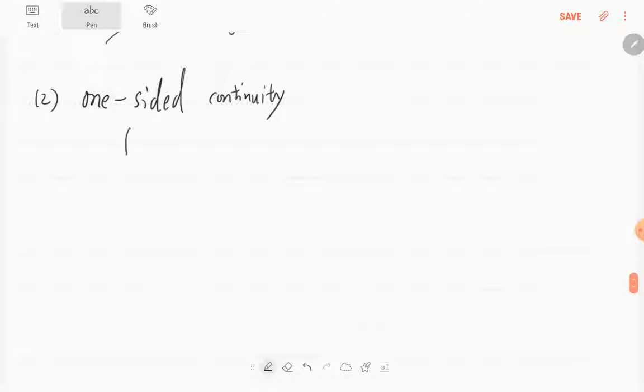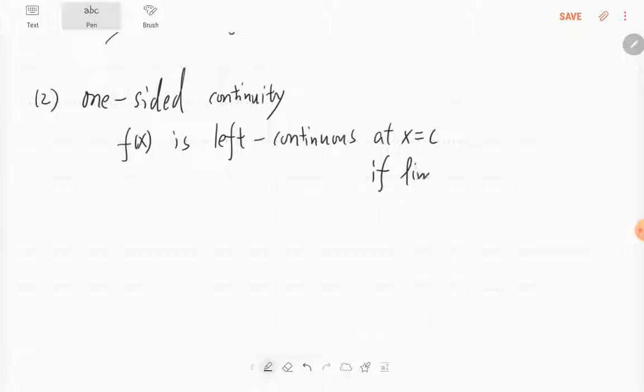We say f of x is left continuous at x equals c if the left side limit is equal to f of c.